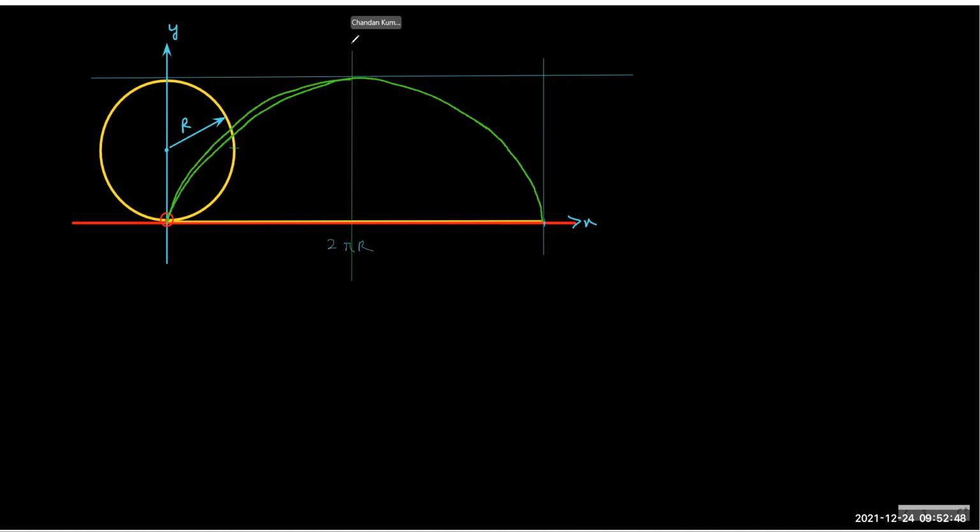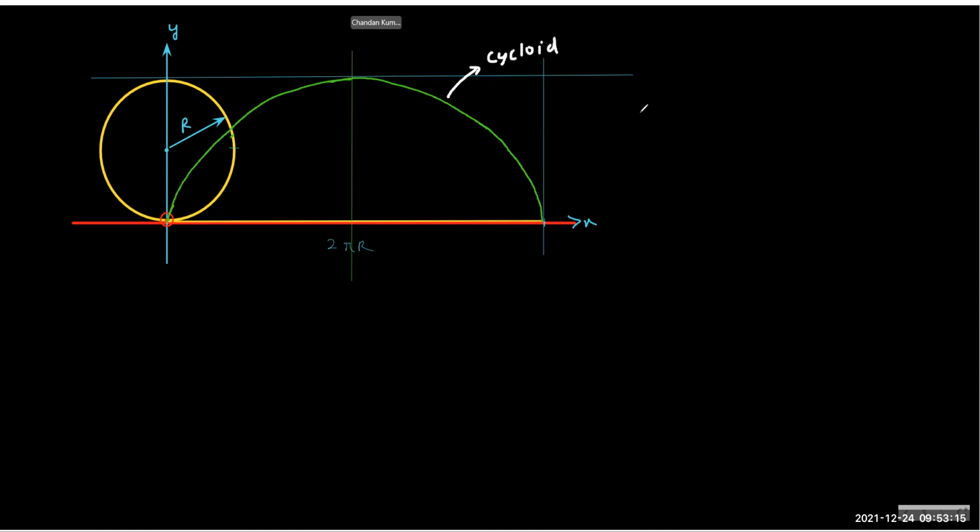Now it is a very common confusion: is it a circular path? No. The answer is definitely it's not a circle. It may look like a semicircle, but this is not a semicircle. Parabola? No. So this path is called cycloid.